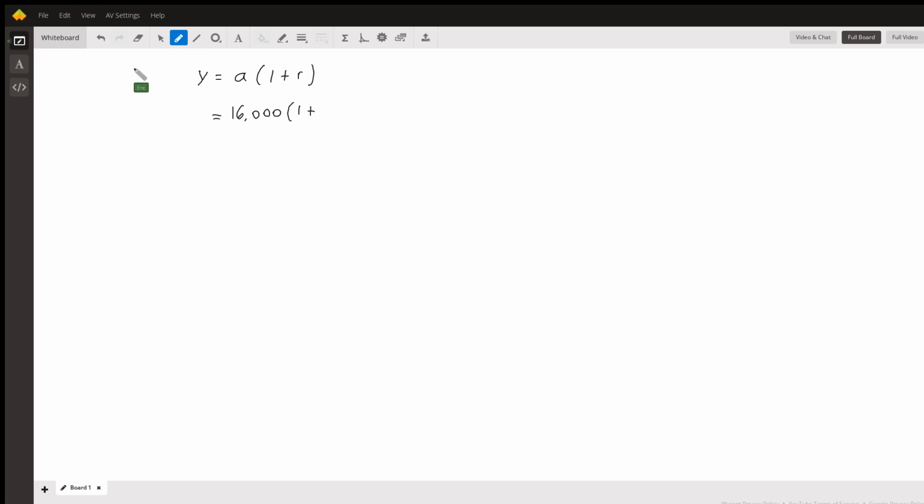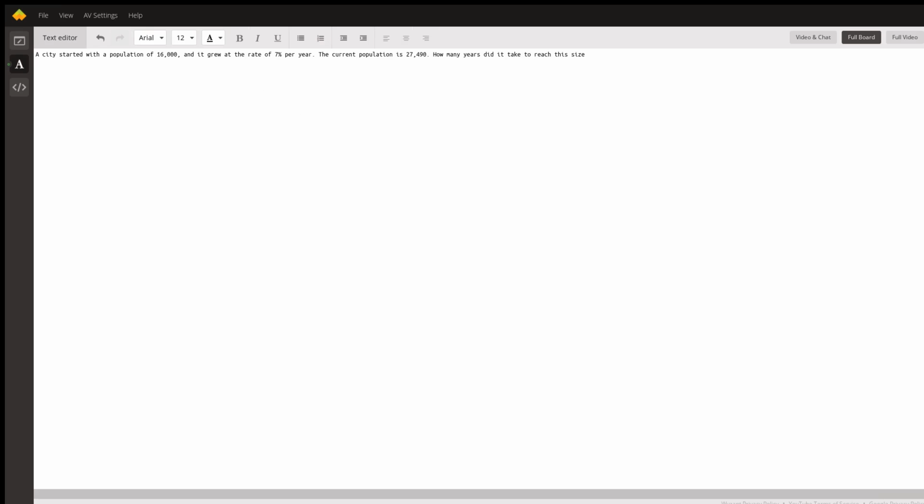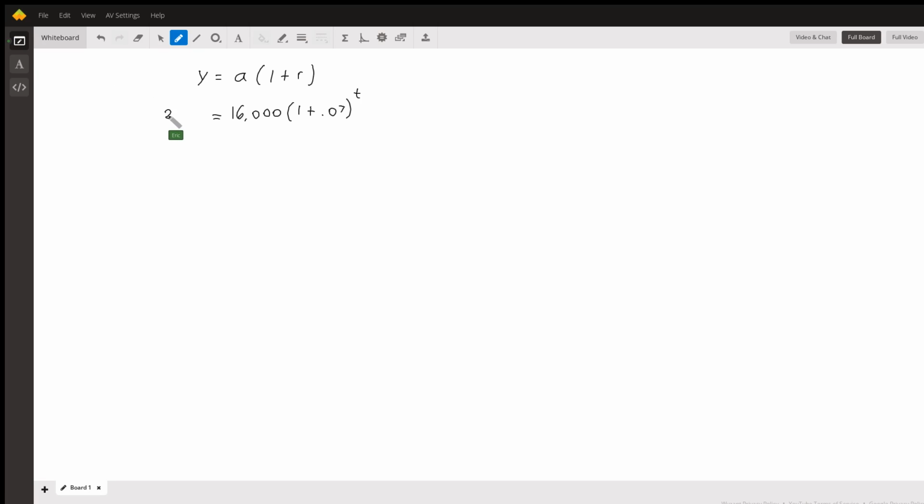The rate is 7%, which we need to write as a decimal, 0.07. We don't know the time, that's what the problem is asking, but we do know that the resulting amount after the time has passed is 27,490. That's the current population.